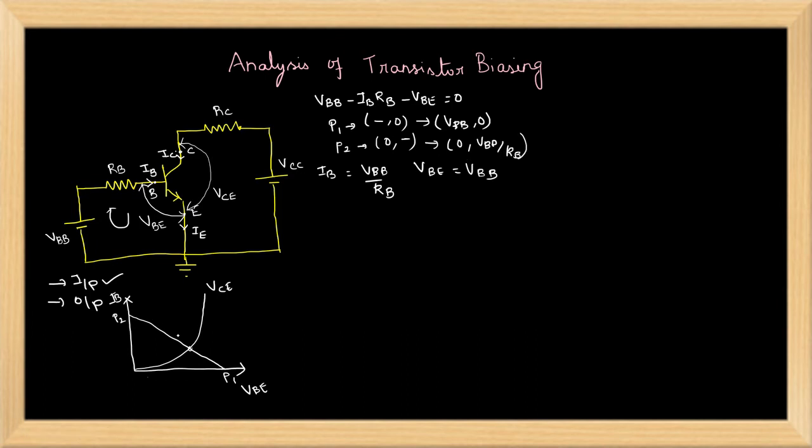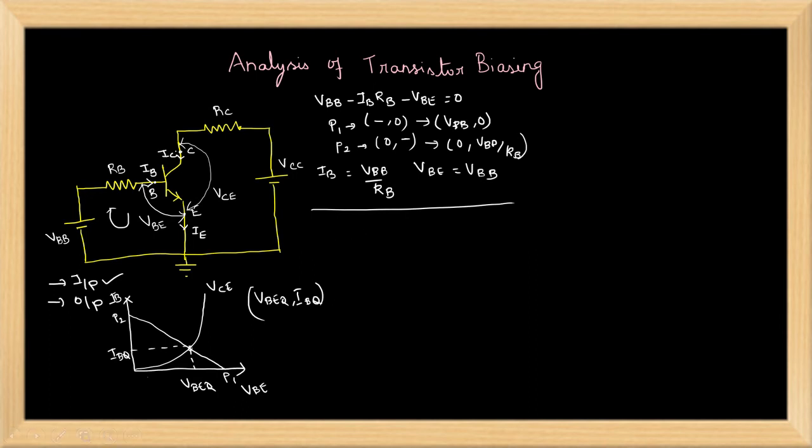Now we have found the points, so we can find the point of intersection between this characteristic and the load line. This is our input operating point. Let us name this input operating point as VBEQ and IBQ. That is, the input operating point has the coordinate VBEQ comma IBQ.